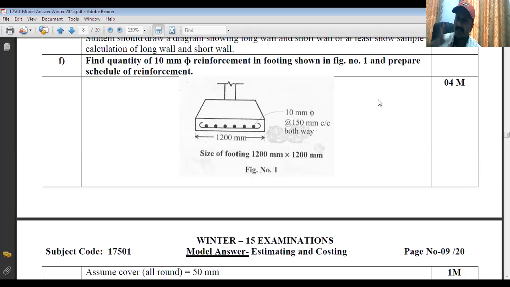If there are changes in the circular, I will let you know. We are checking the circular once again. These are some important instructions for you.